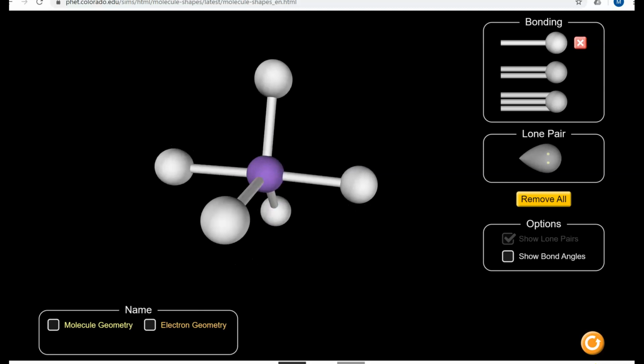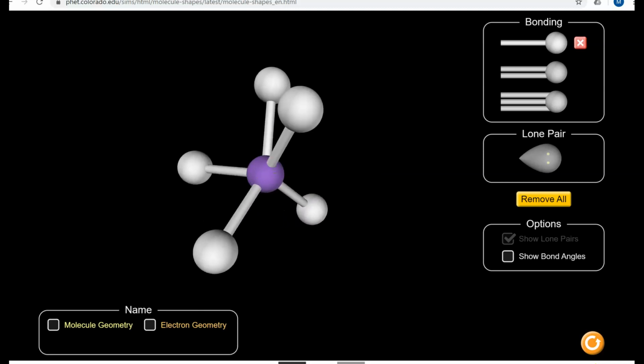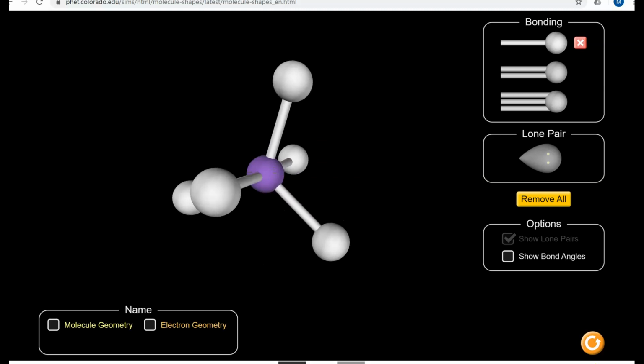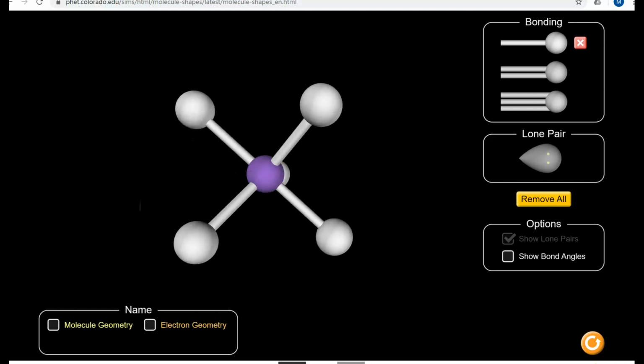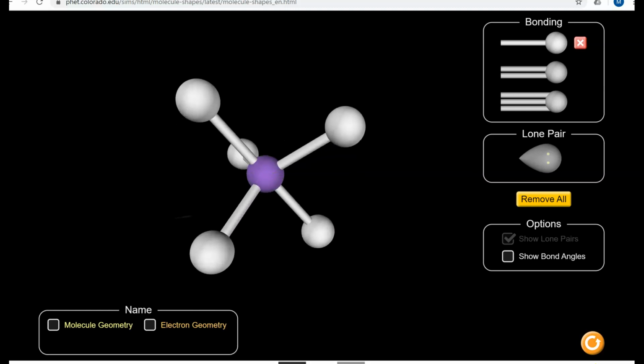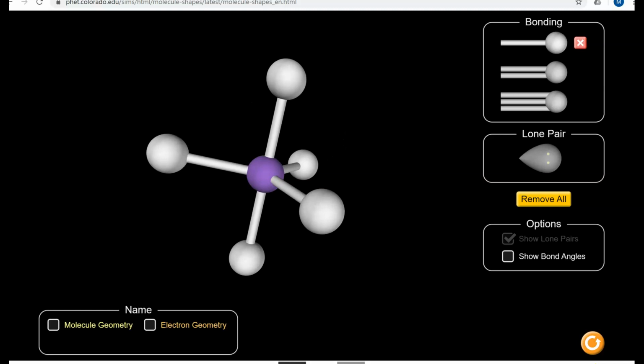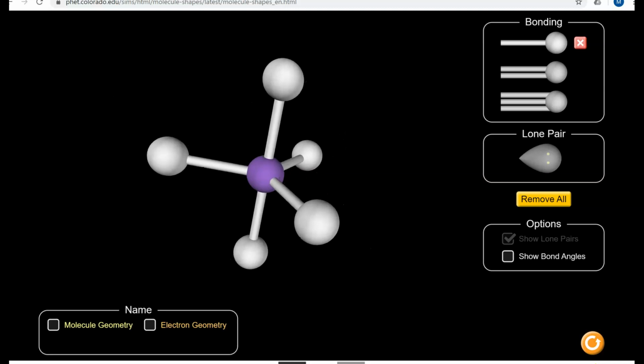And then we also have, sorry about that. All right, we've got our equatorial positions, and then we have our axial positions.